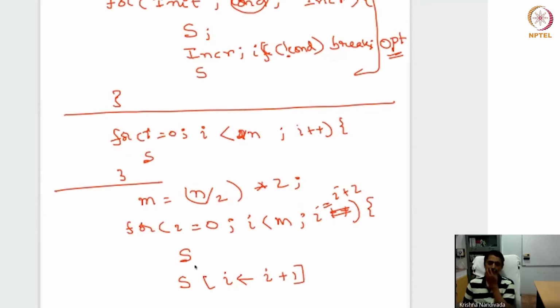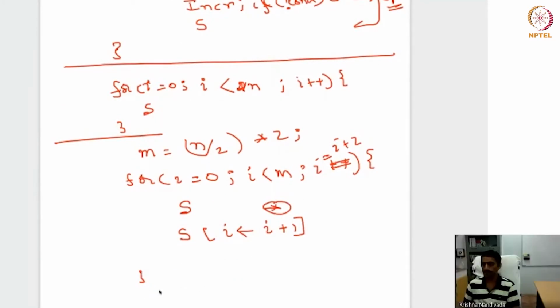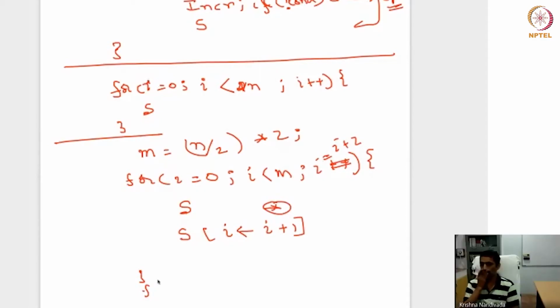Do you see here I do not need if condition break? Can you see why? You can use it outside the loop. Sorry? I couldn't hear you, I'm sorry. Can you be slightly louder?